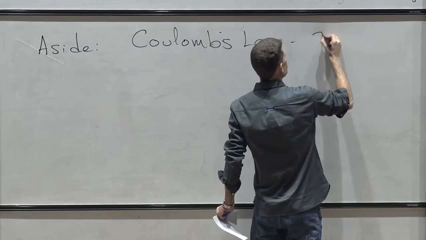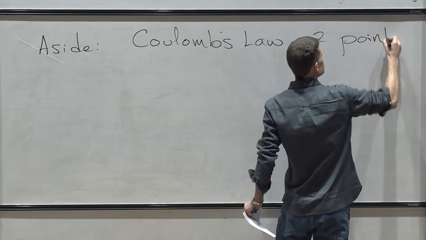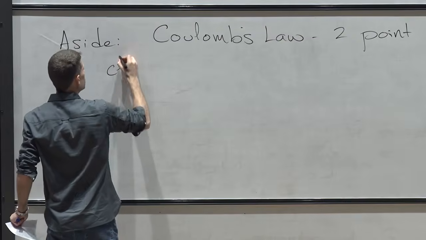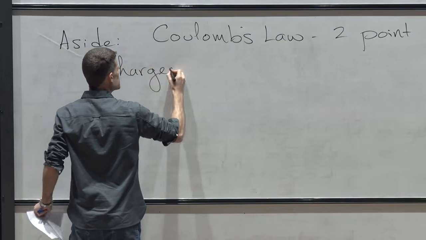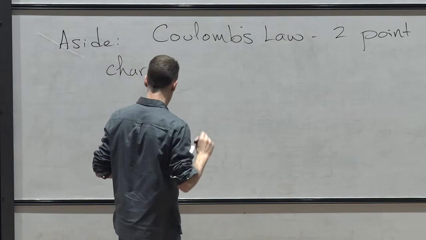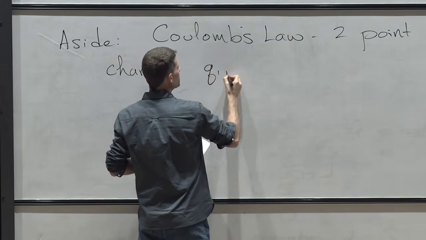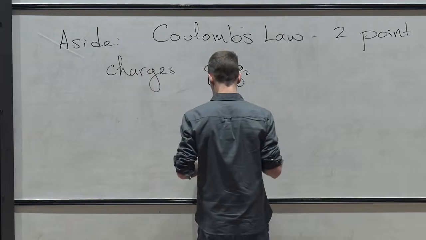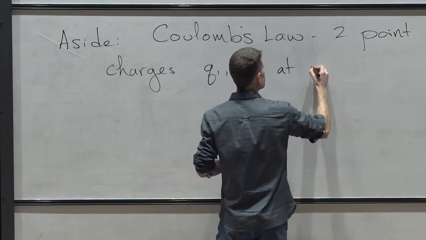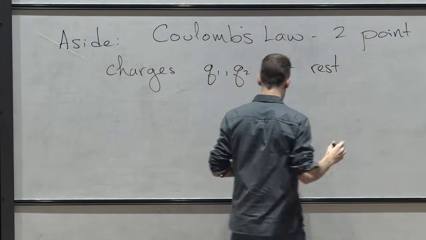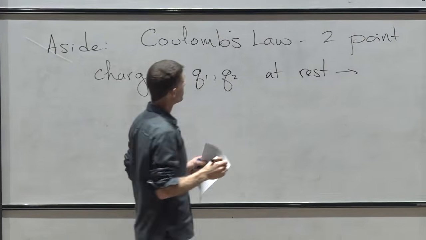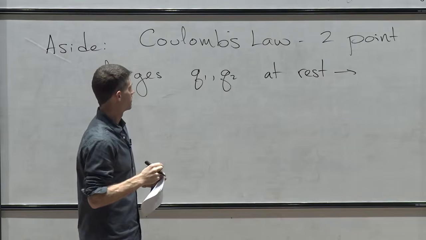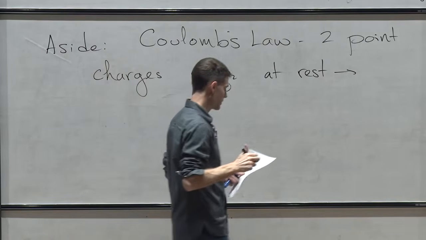This is if I have 2 point charges, in electrostatics or electromagnetism, Q1 and Q2. If I have 2 point charges Q1 and Q2 at rest, then there's a force between them which has the exact same sort of form.